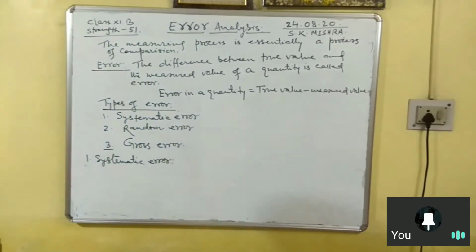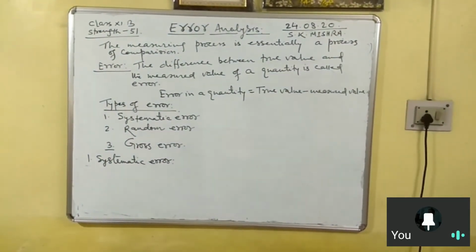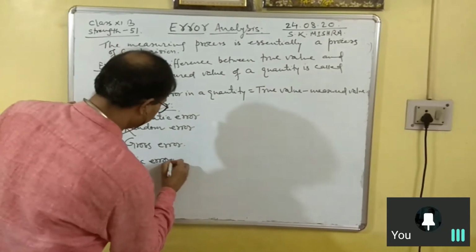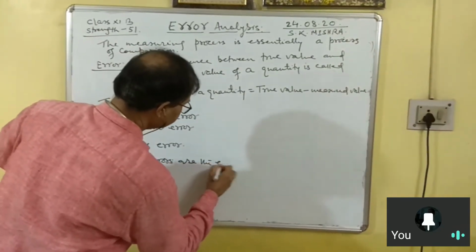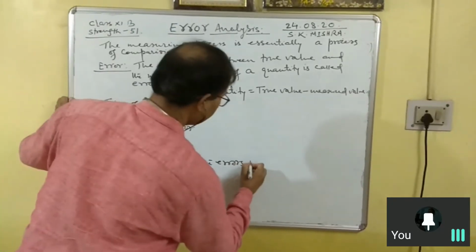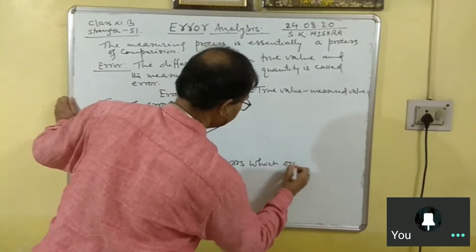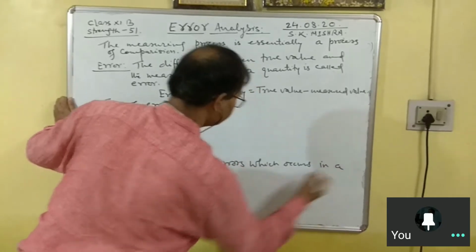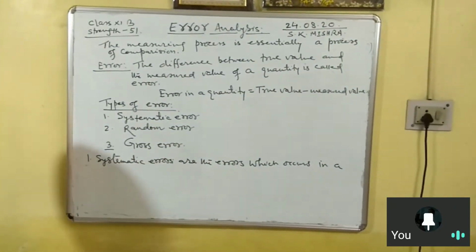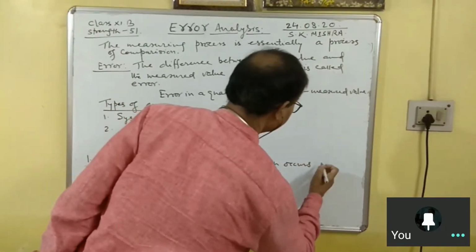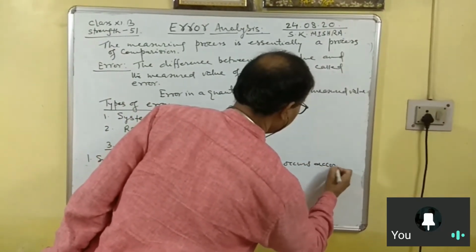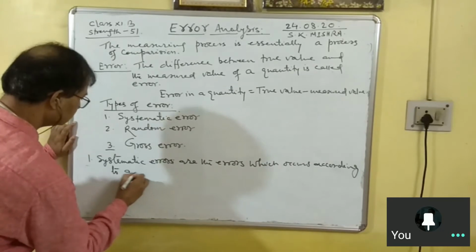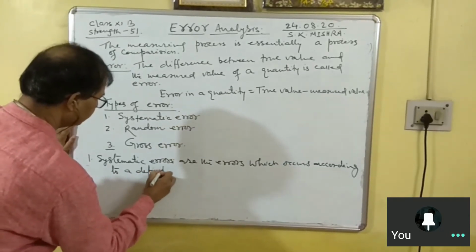So systematic errors are errors which occur according to a definite pattern.